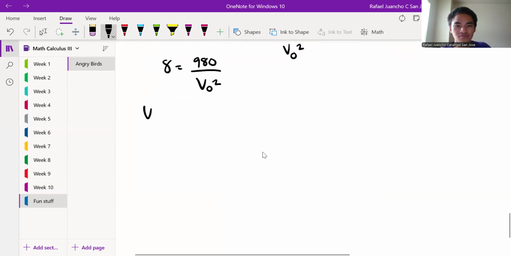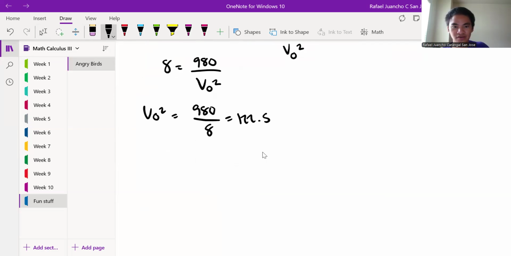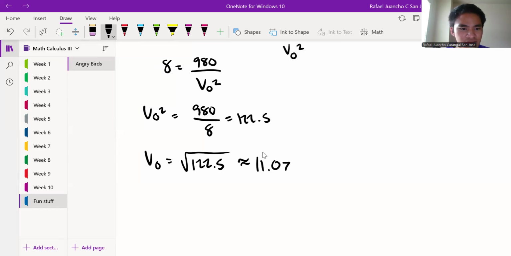So V naught squared is 980 over 8. What number is that? 122.5. And so V naught is the square root of that. It's approximately 11.07. Can't be exact here. Meters per second.